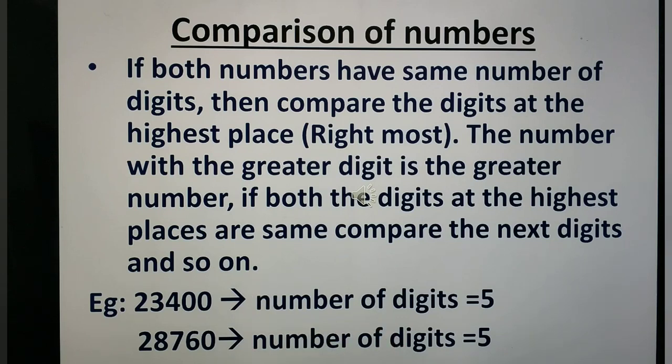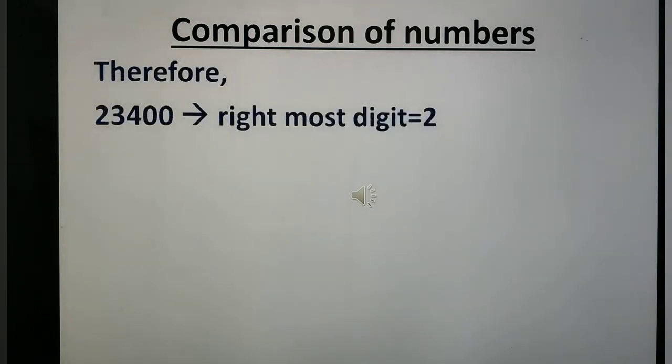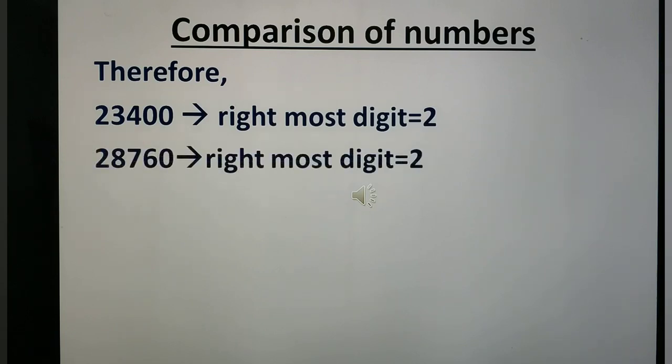Here look at the two numbers. Both the numbers are having 5 digits each. Therefore, check the leftmost digit. The first number, digit is 2. Next number, digit again 2.